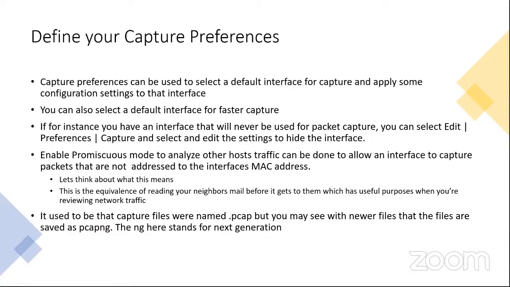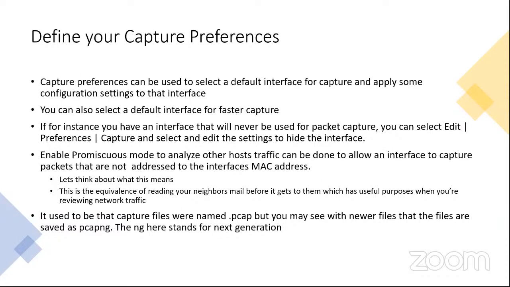And you can enable promiscuous mode to analyze other hosts' traffic. This allows an interface to capture packets that are not addressed to the interface's MAC address. So for the most part, if it's not in promiscuous mode, it says, hey, if I happen to overhear any conversations, don't filter any of that traffic. Just give me all the conversations that are happening over the wire, right?